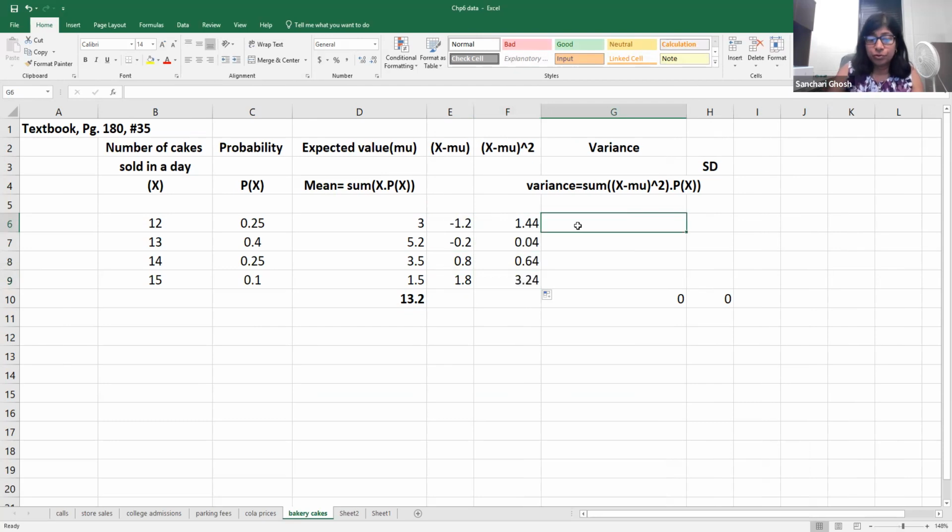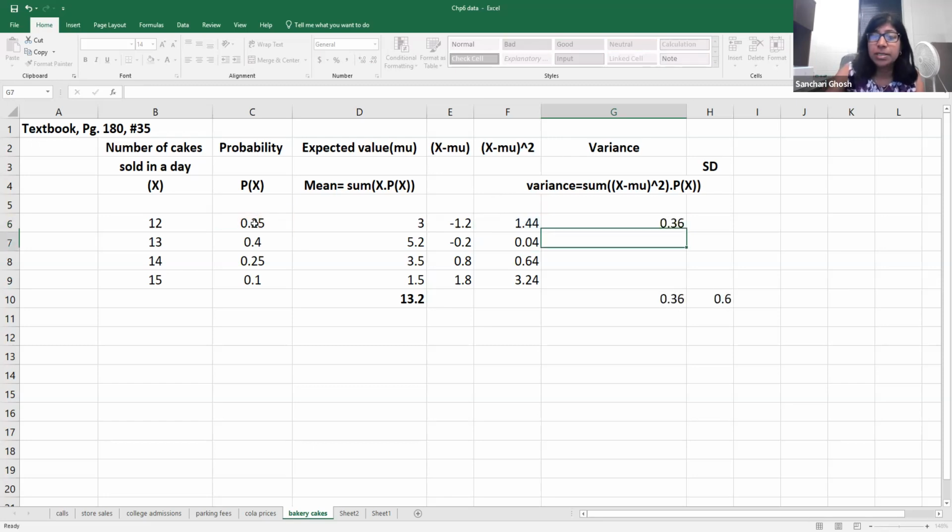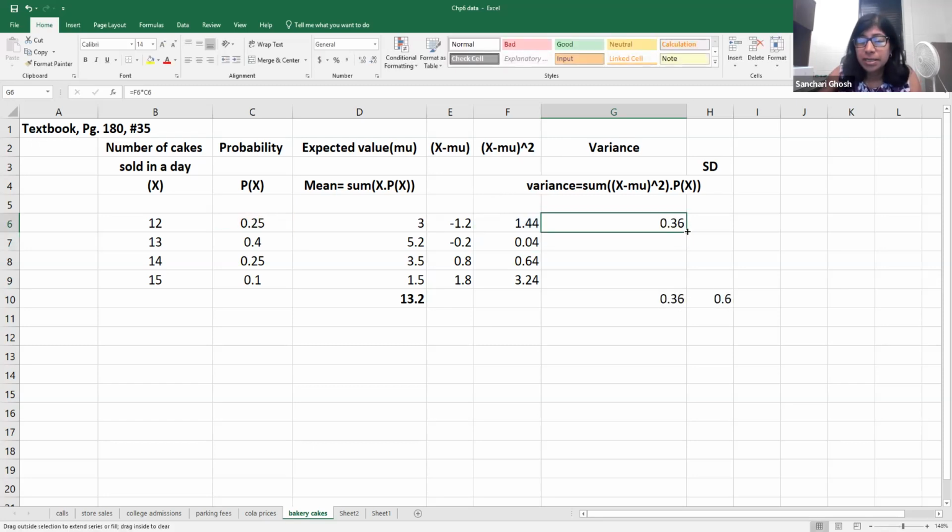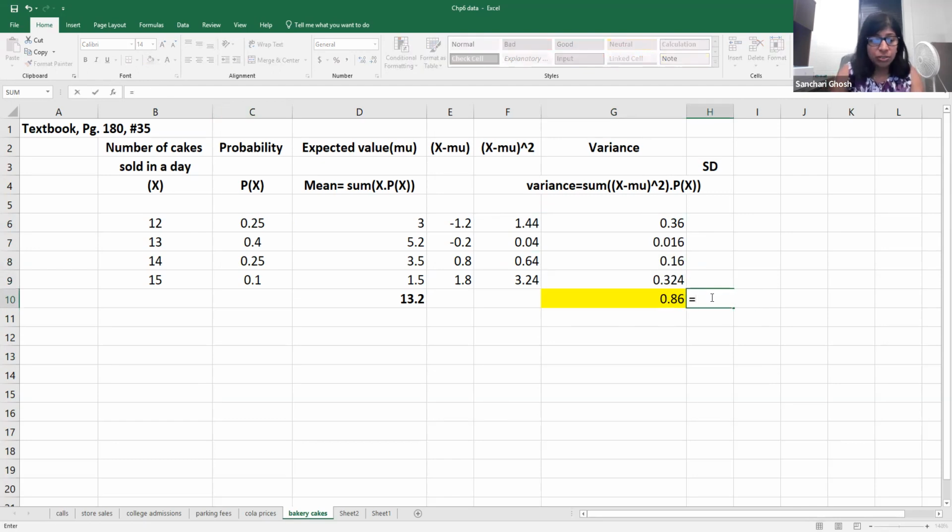The variance, of course, you have to do this times the probability, and then get the summation here for the variance and standard deviation. I would say just take the regular standard deviation.